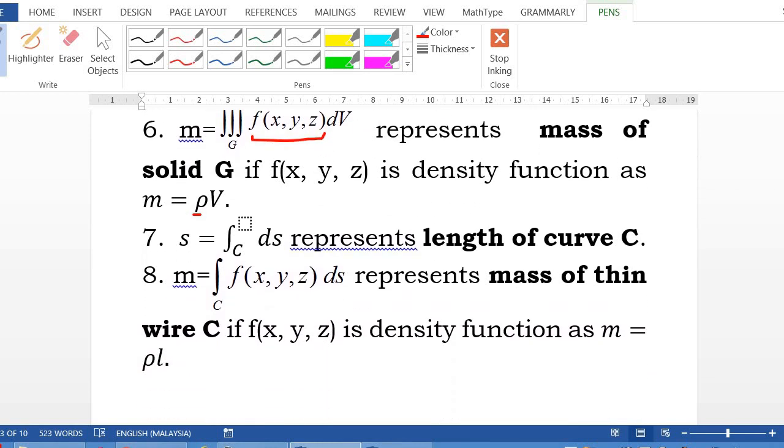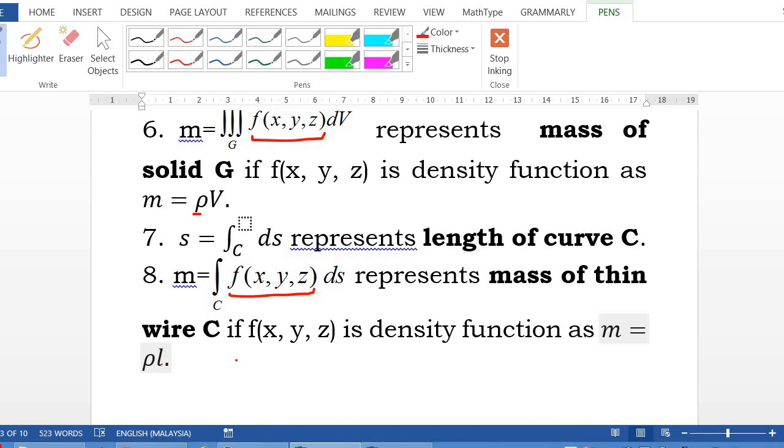Now what we are going to learn here is the line integral. The line integral of ds across the curve C represents the total length of curve C. If the integrand f(x,y,z) represents the density function, then this represents the mass of a thin wire curve C, because a thin wire doesn't have area or volume, only length.